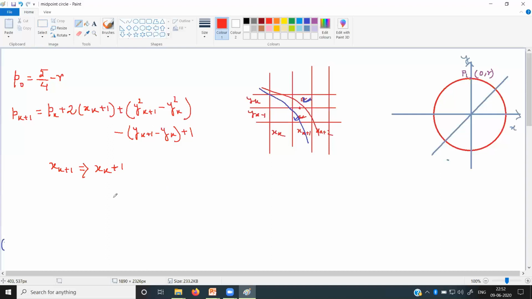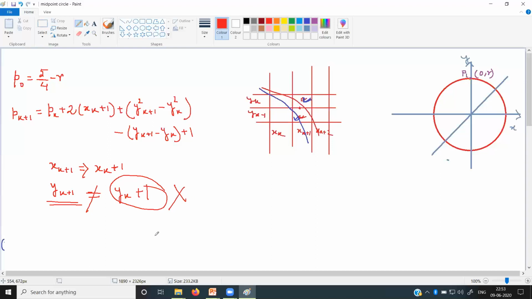Now for the k plus 1th iteration, the y value will be designated as y of k plus 1. But remember one thing, you should understand it very carefully: this y of k plus 1 is never equal to yk plus 1. Don't consider it like that; it is a very wrong assumption.